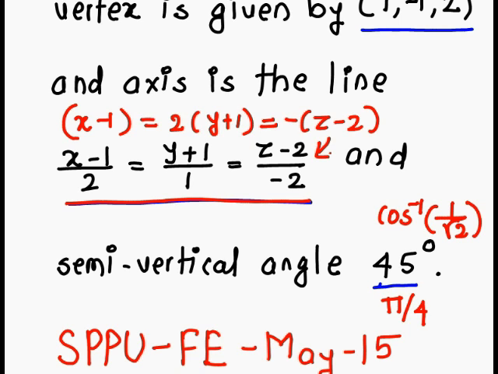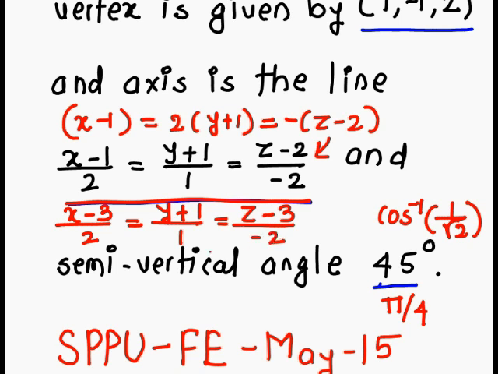You can also write that the axis is parallel to the line. So you can write the new equation of an axis like (x minus 3) upon 2 is equal to (y plus 1) upon 1 is equal to (z minus 3) upon minus 2. Remember, this value has to be similar to the previous one. So this gives another new question. So this is how you can get the fourth new question.